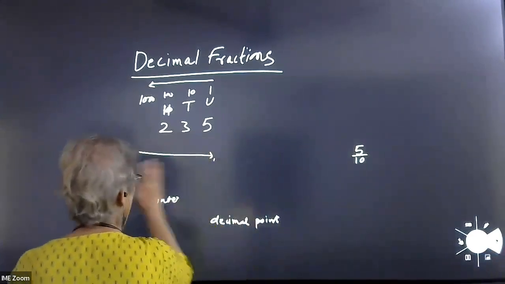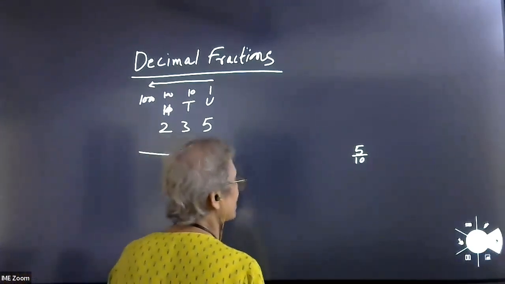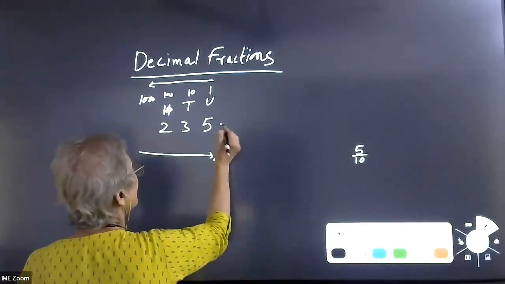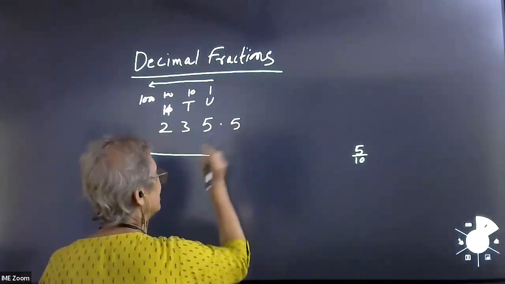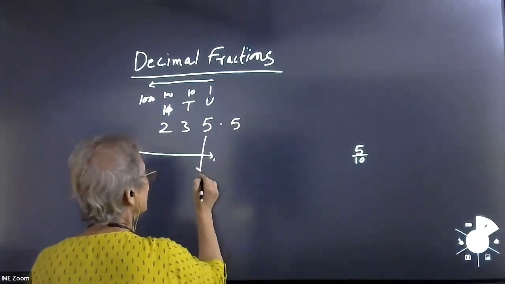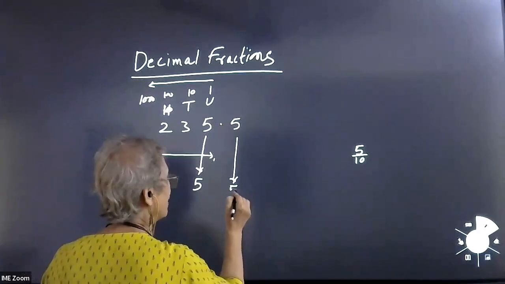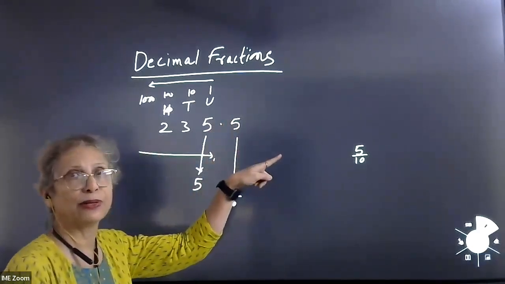Let us do it once again now. Now I will take a decimal number. A number with a decimal point is a decimal fraction. Here I will write point and 5. So what is the place value of this 5 and this 5? The place value of this 5 is 5, while the place value of this 5 is 5 upon 10, because it is one digit after the decimal point.